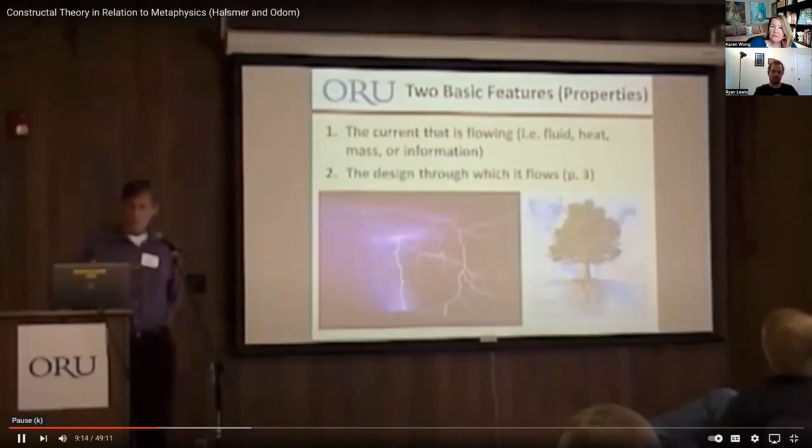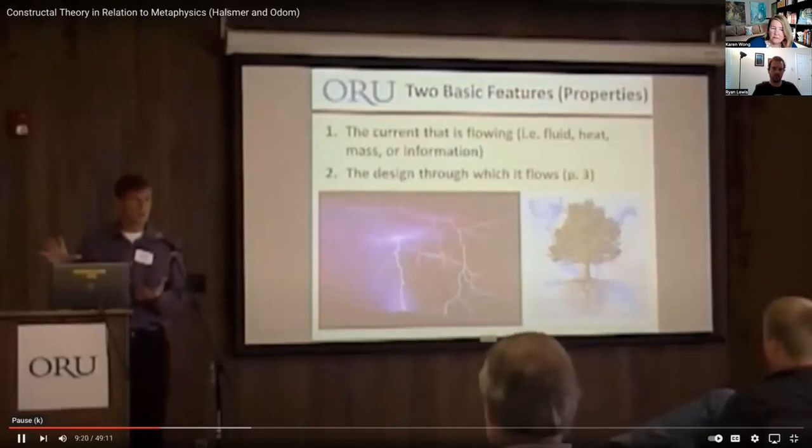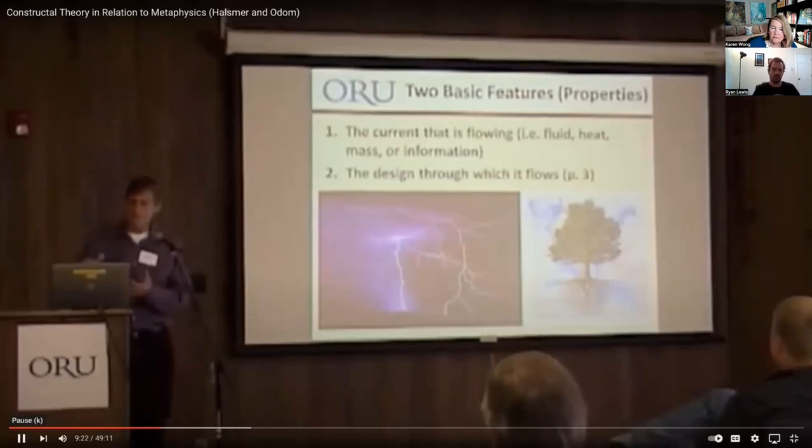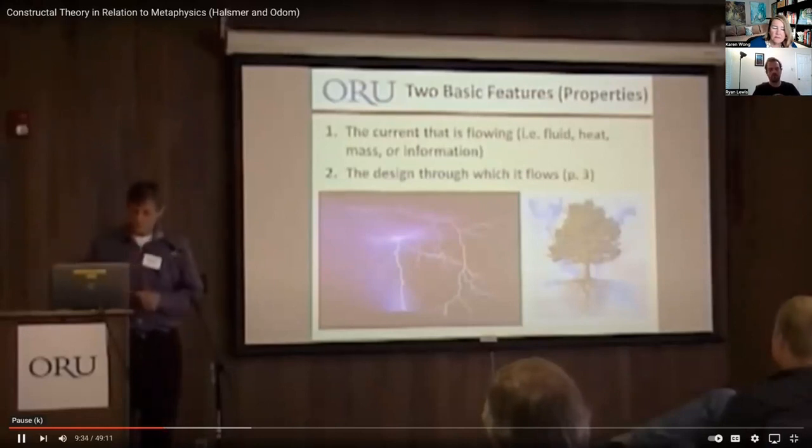So there's the current, what is flowing, and there's also the design through which it flows, or the configuration, or the conduit, which may be changing with time. And this is the whole idea behind this constructal law, is how this flow influences and interacts with the surroundings and the conduit through which it flows.